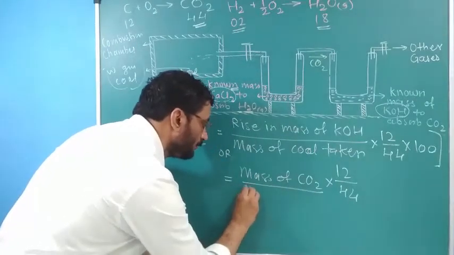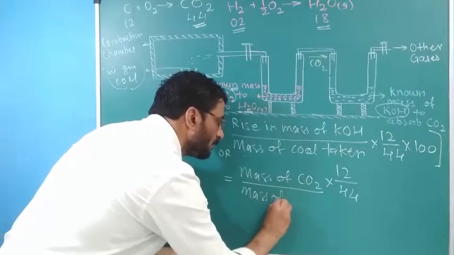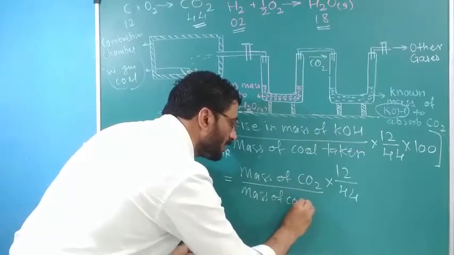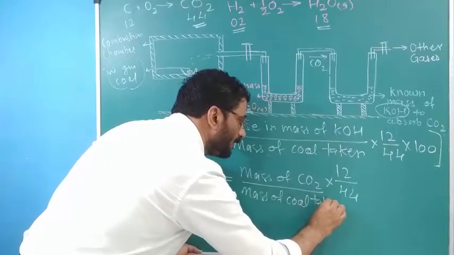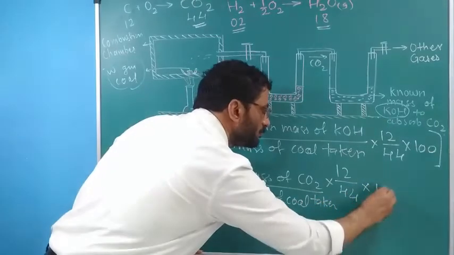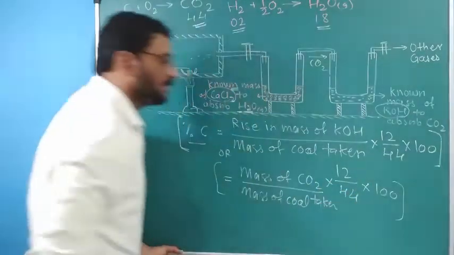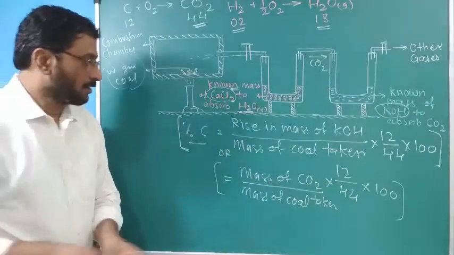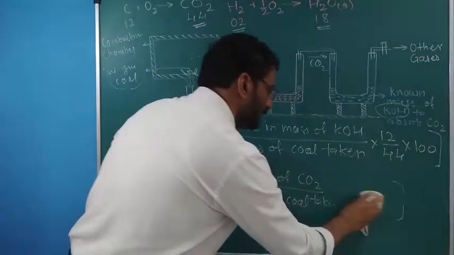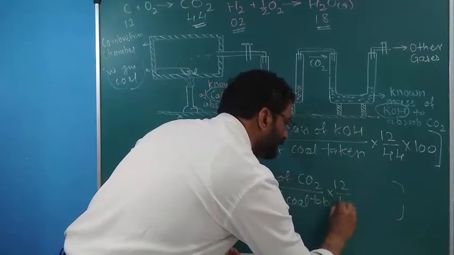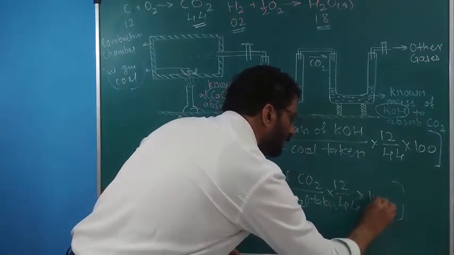That is carbon. From where? Mass of coal you have taken. How much have you taken? W gram. Into what? Into 100. That will give the percentage of carbon. This is a simple equation. With the help of that, we can easily find percentage of carbon and hydrogen.